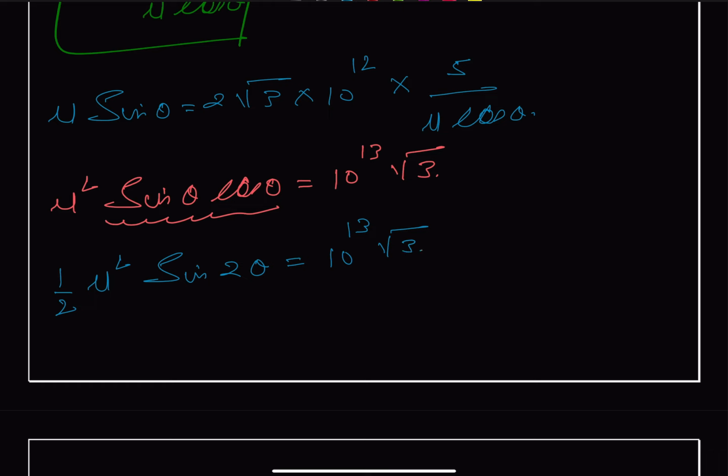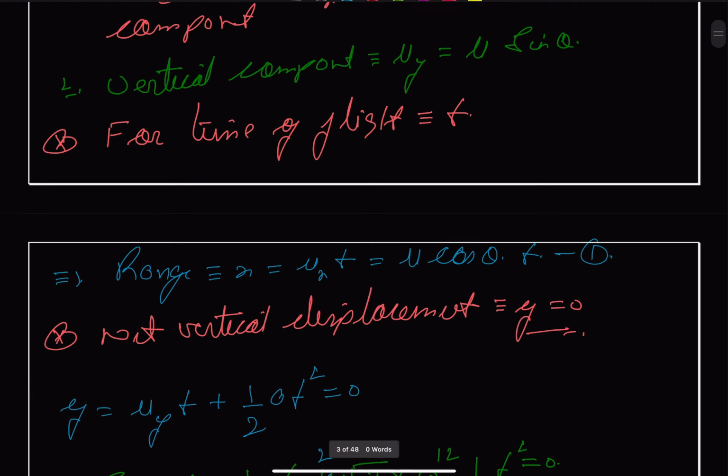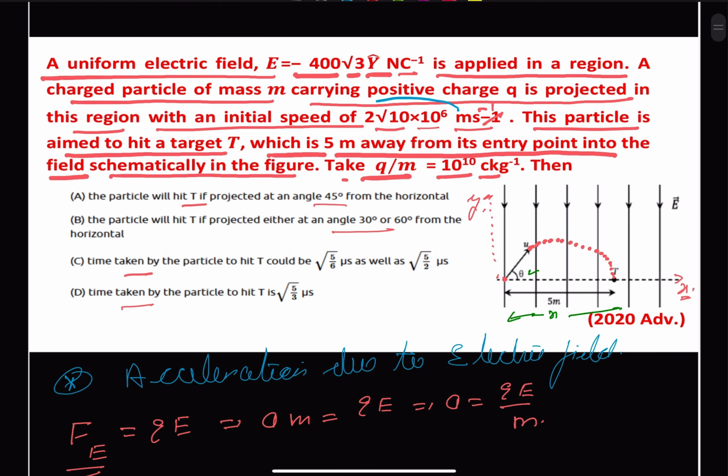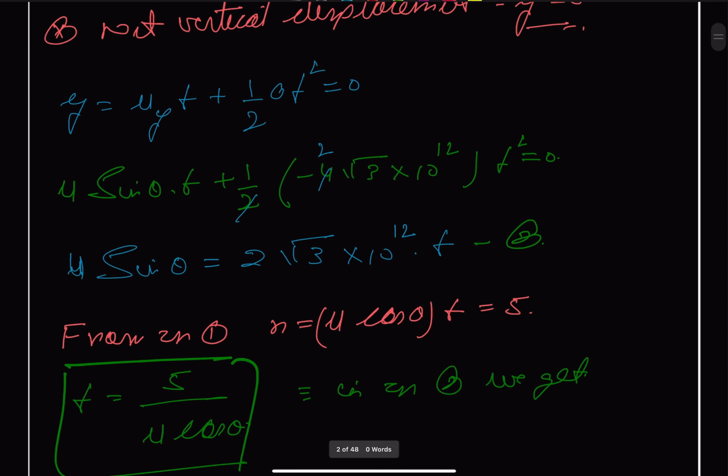And from here we can write that sine of 2 theta will be equal to 2 into 10 raised to the power 13 square root of 3 divided by u square. And the initial speed is given to us as 2 square root 10 into 10 raised to the power 6.